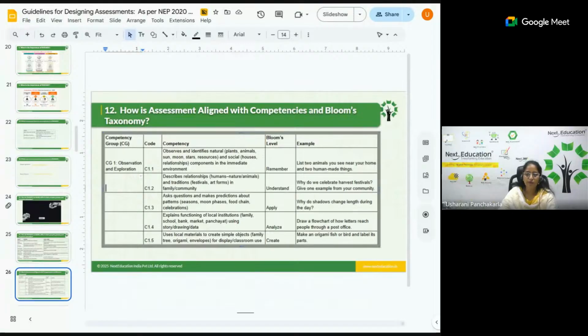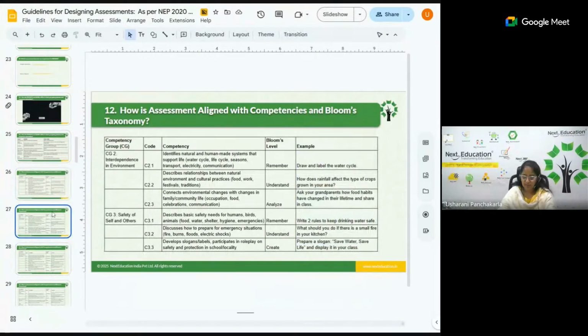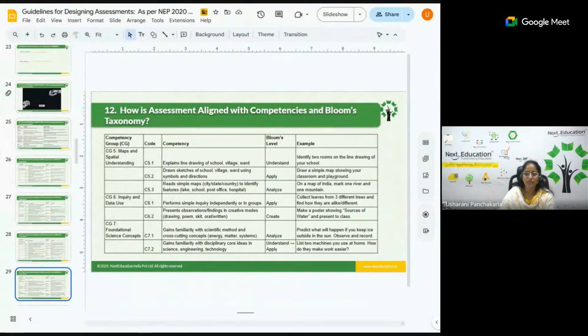These are the curricular goals and the different competencies, and how they are aligned to Bloom's taxonomy, with examples for each, so you can relate it well, moving across the levels from remembering to evaluate and create. One example of such an assessment question is given in the upcoming slide, but it will take time to go through each and every example.